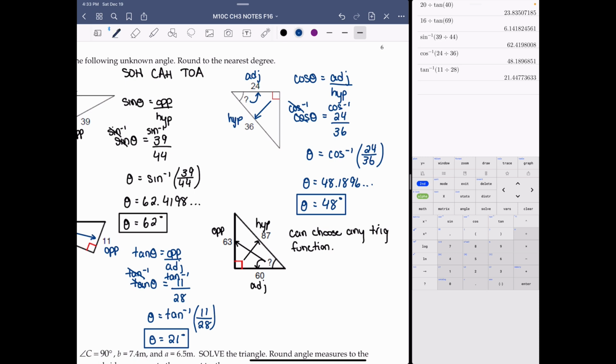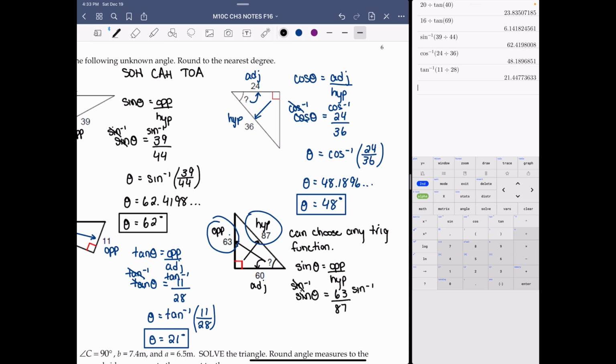So I'm going to use sine is opposite over hypotenuse, so I'm going to use the opposite side and the hypotenuse side. Sine theta equals opposite over hypotenuse. Sine theta equals opposite is 63 over hypotenuse is 87. We want theta by itself, so do sine inverse to each side.